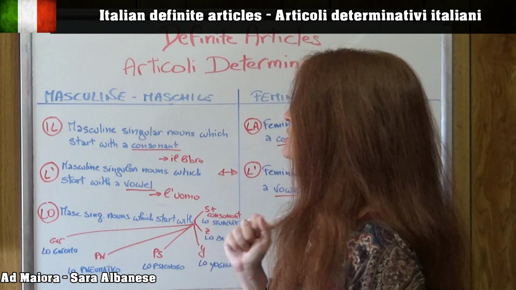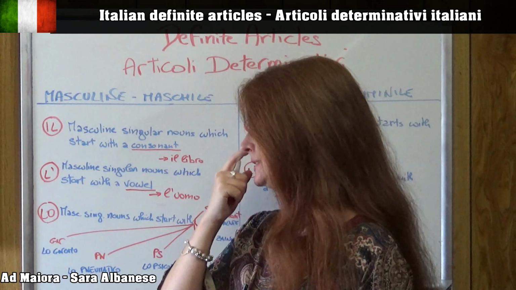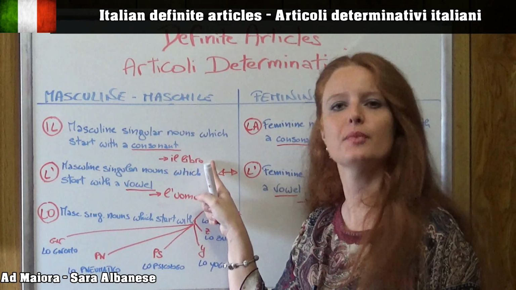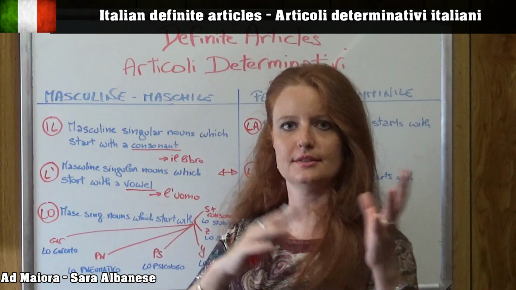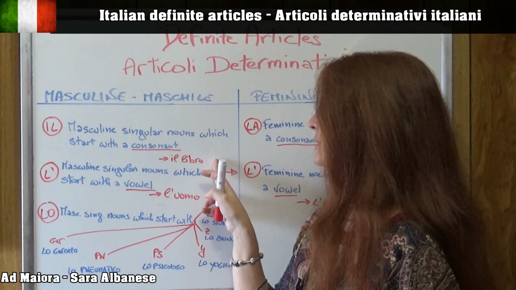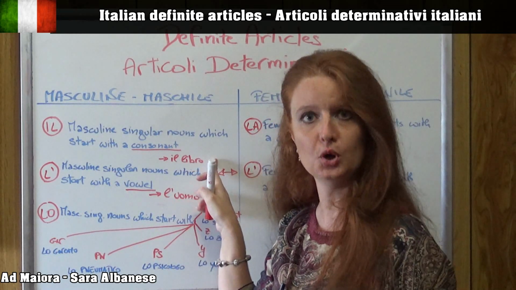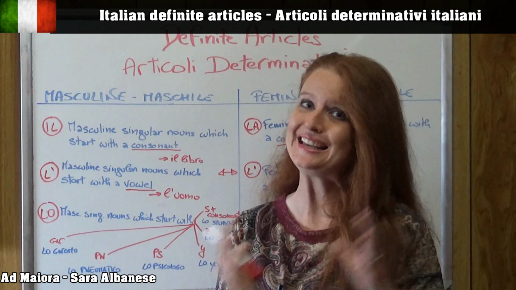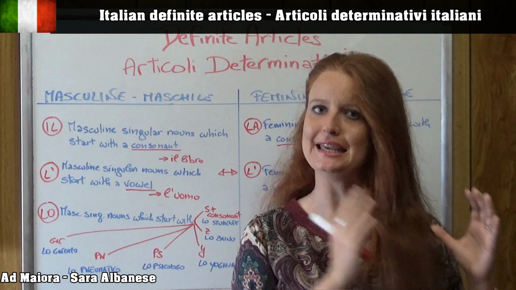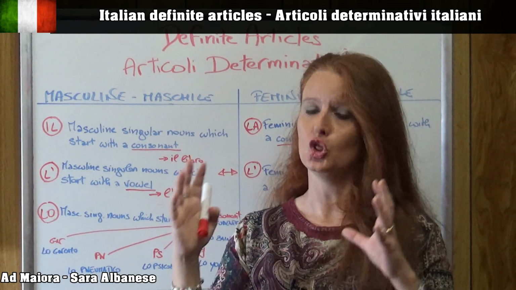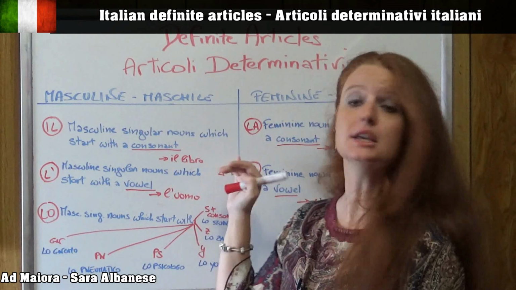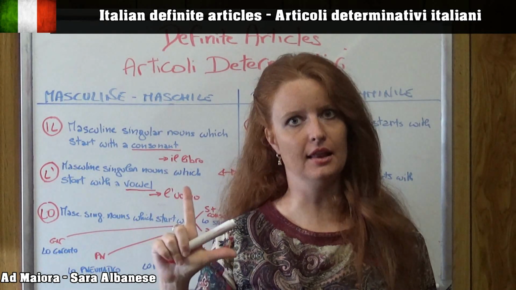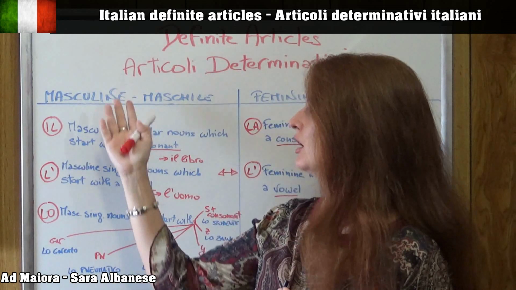You already know this word because I've mentioned it before, making the example of masculine and feminine: libro, which is book. The book, il libro. The noun libro is masculine and starts with a consonant, an L, so I will use the article il.